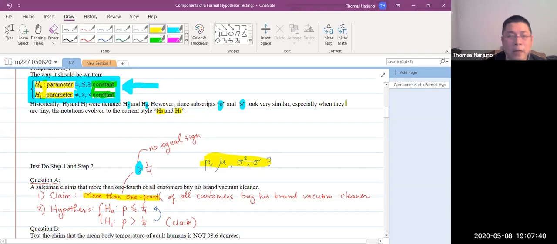Okay, that's a little history. For example, one professor I had at USC at that time actually taught with H sub O and H sub A. But again, when you write it so small, the O and A look so similar.